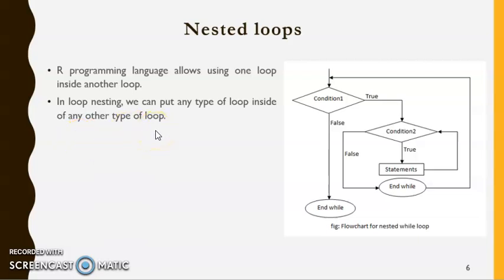So, in fact, when you have more than one loop, related to each other in this way, that one loop is inside another loop, it is called a nested loop. Our programming language allows using one loop inside another one.